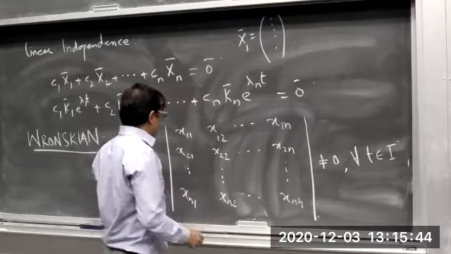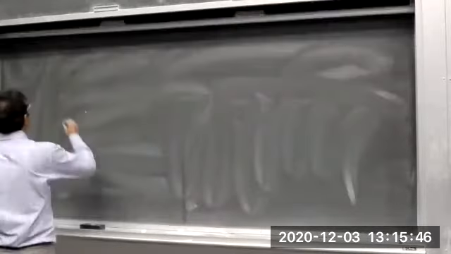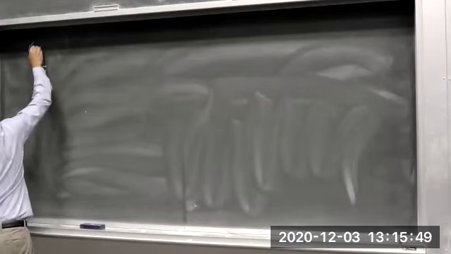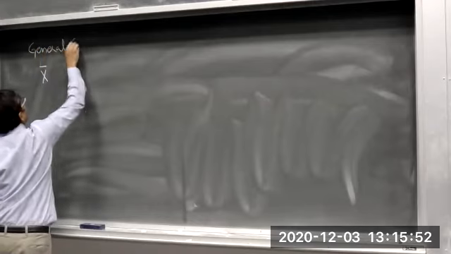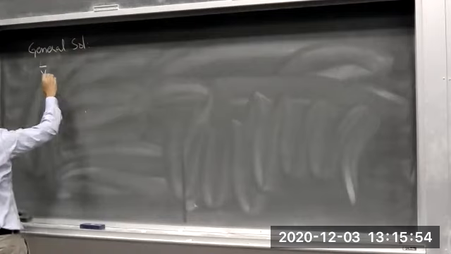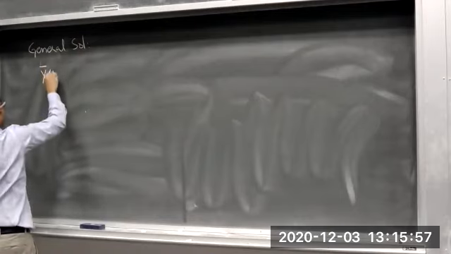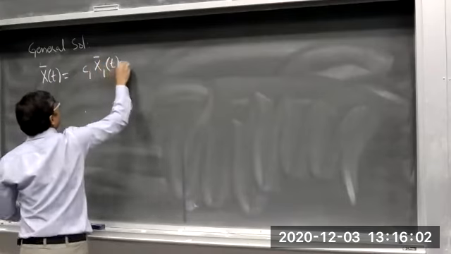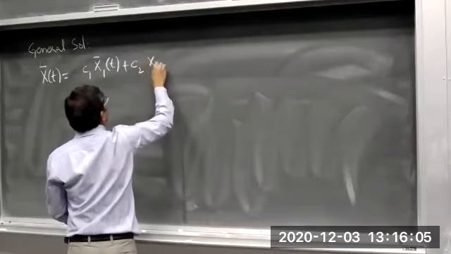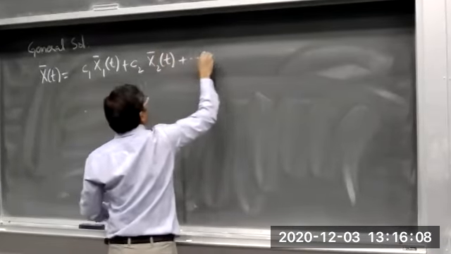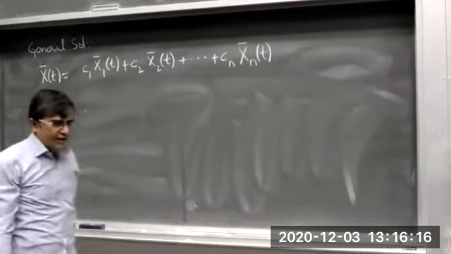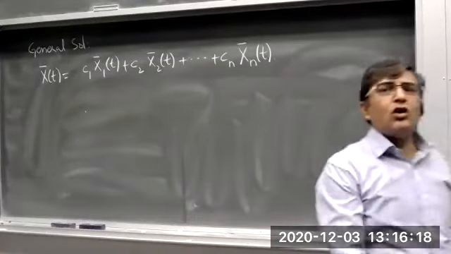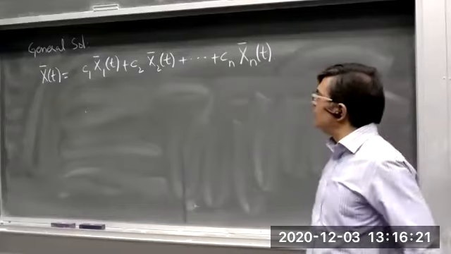By using the principle of superposition, the general solution of the linear system of equations is x bar of t equal to c1 x1 of t plus c2 x2 of t plus so on plus cn xn of t, where x1, x2, so on xn are linearly independent solutions, and c1, c2, so on cn are constants of integration, the parameters of the solutions.